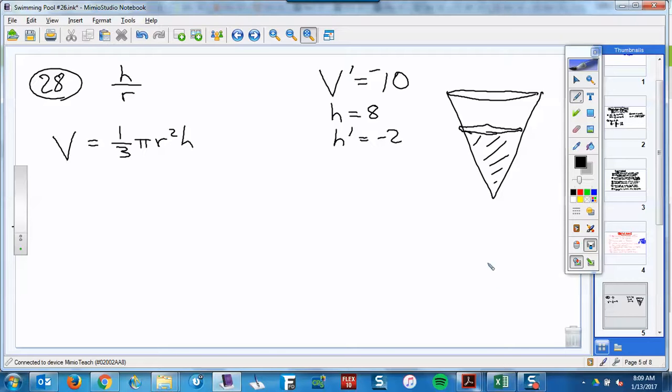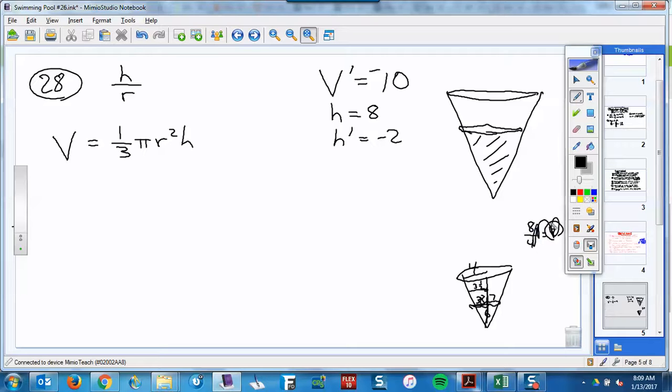If I have a cone that has, say, this is 8 and the radius is 4, then the ratio of the height to the radius, 8 over 4, that's 2. So no matter where the water level is in here, if this is 6, then this has to be 3. And if this is 7, this has to be 3.5. It's always going to be in that ratio 2.